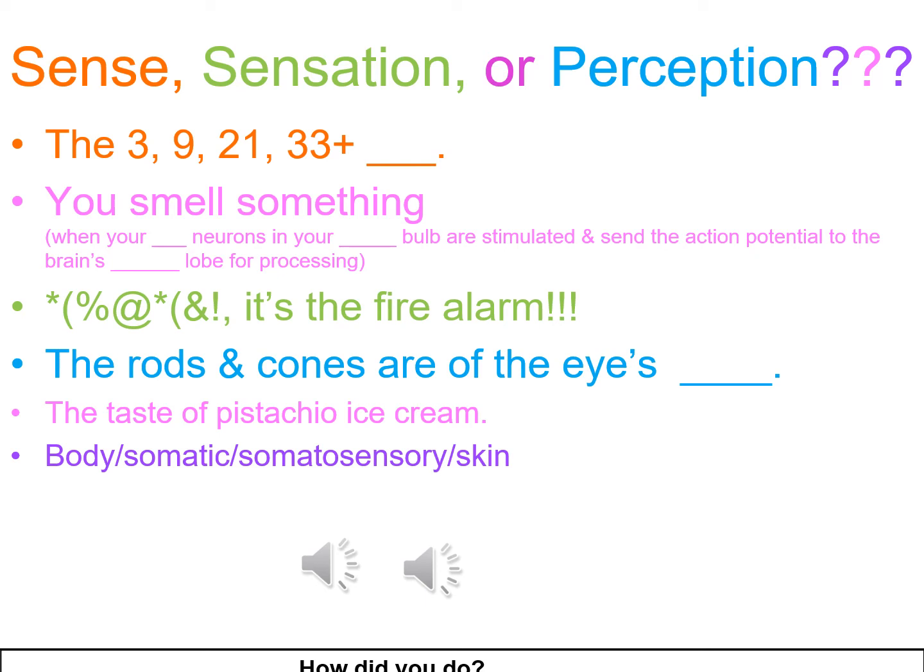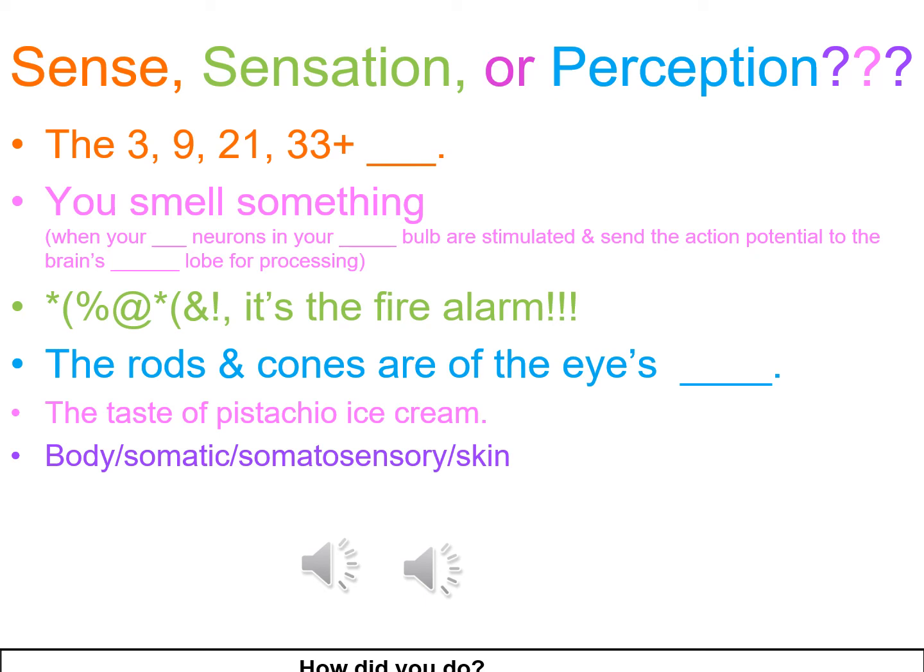Let's test ourselves to see if we're comfortable with the concepts of sense, sensation, perception. For each one of these, identify which of the three concepts the question represents. And if there's a blank, go ahead and fill in the blanks as well. In orange, we'll start with senses.